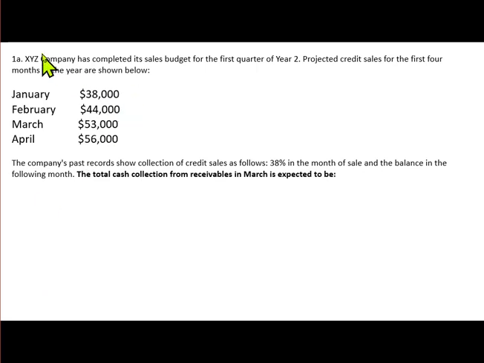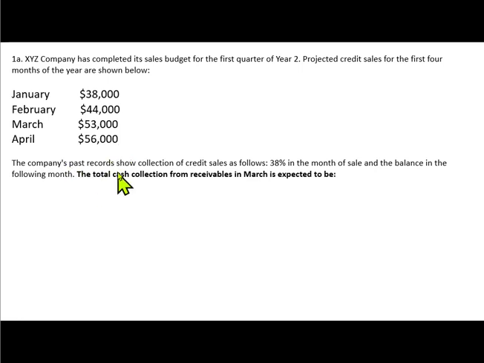XYZ company completed its sales budget for the first quarter of year 2. Projected credit sales for the first 4 months of the year are shown below. We've got these projected credit sales for January 38,000, February 44,000, March 53,000, and April 56,000.